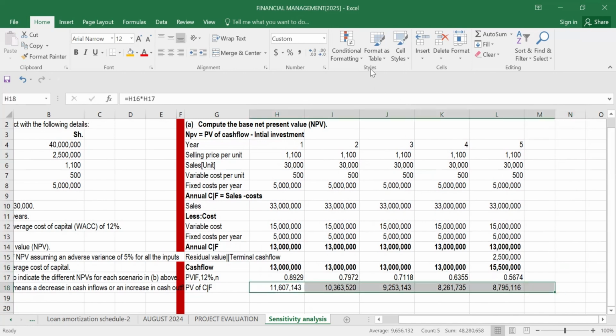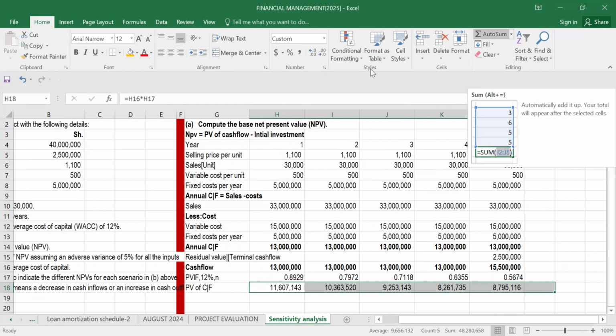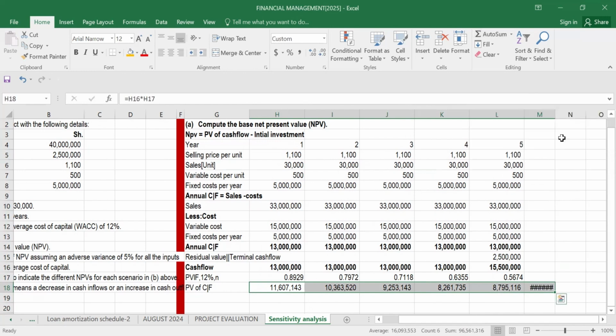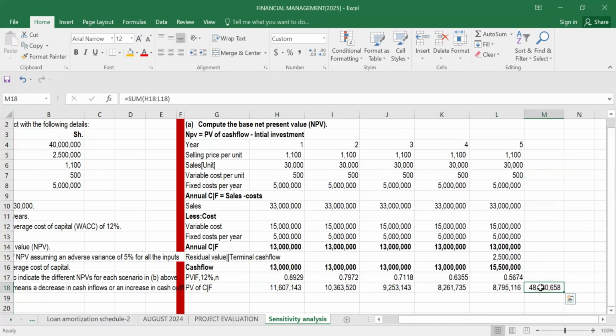So we get the total present value of cash flows here, and the total will be 4,886.58. So why are we getting this total? We are getting this total because we want now to get the NPV. How do we get the NPV? By taking the total present value of cash flows minus the initial investment.